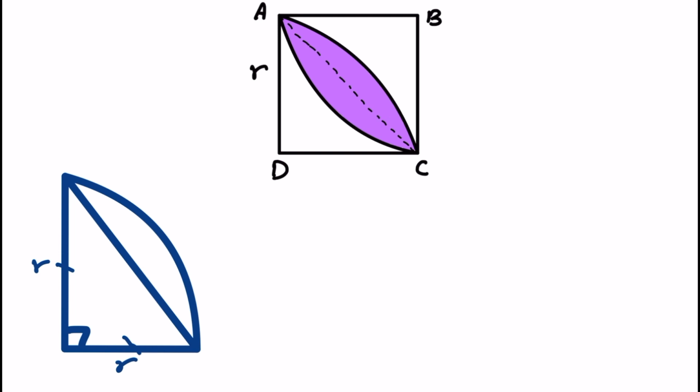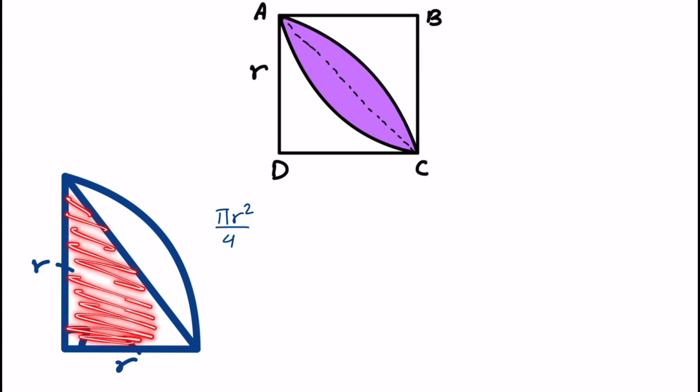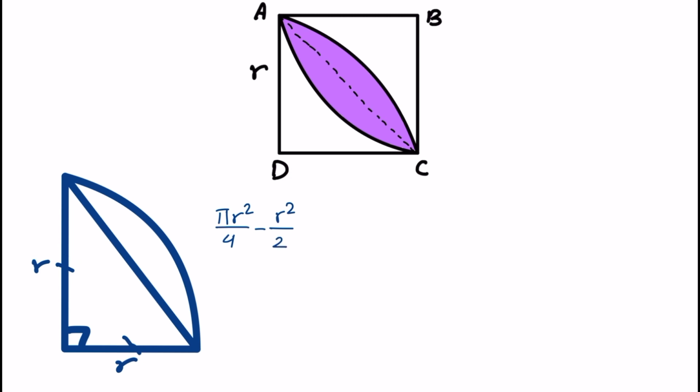The area of the quarter circle is equal to pi times r squared over 4, and the area of the right triangle is r squared over 2.